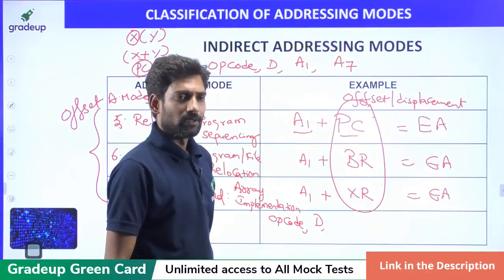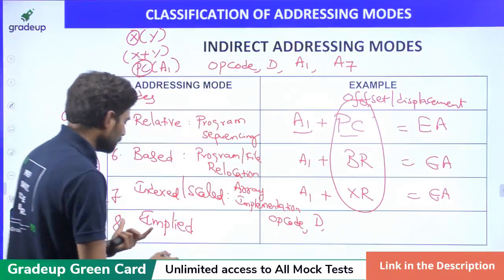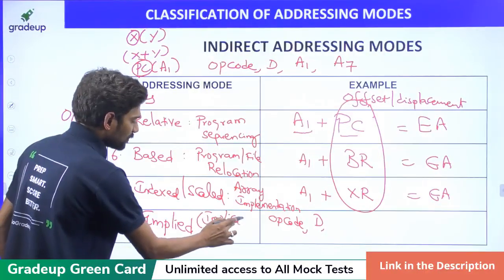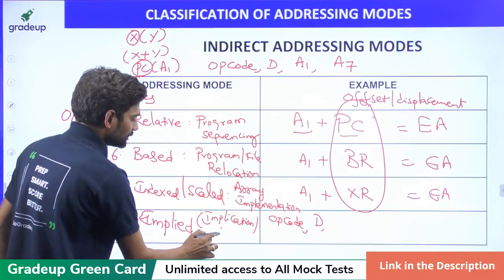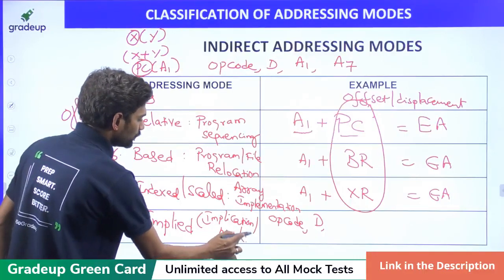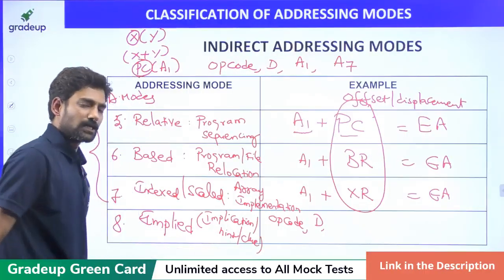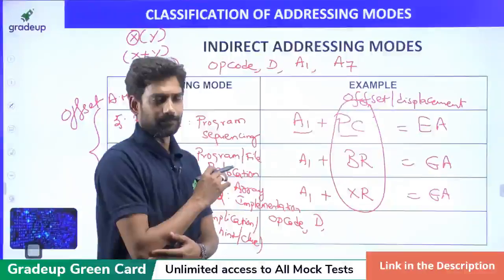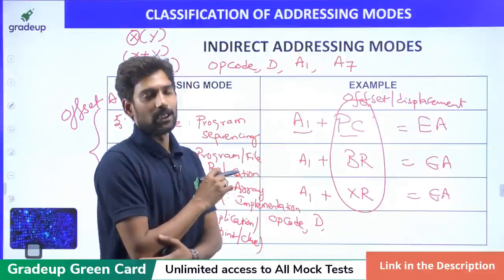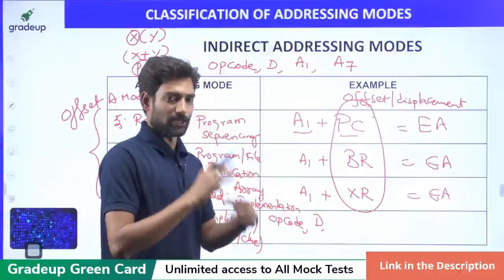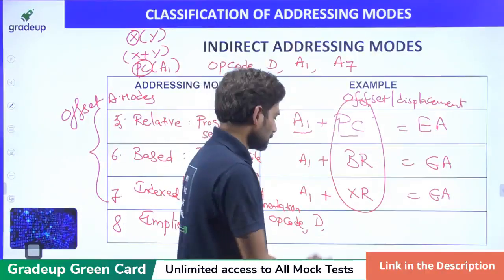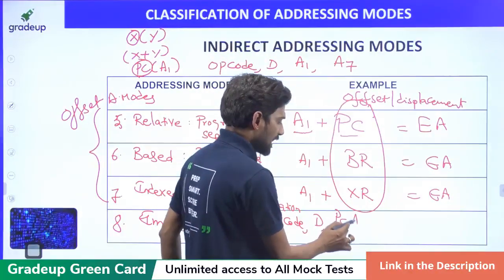Then you are giving an implication. What does implication mean? Hint, clue. You are not giving that operand information directly. You are giving a hint, a clue, an implication about the operand, like PC and XR.